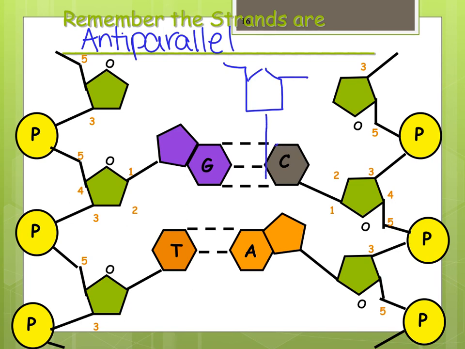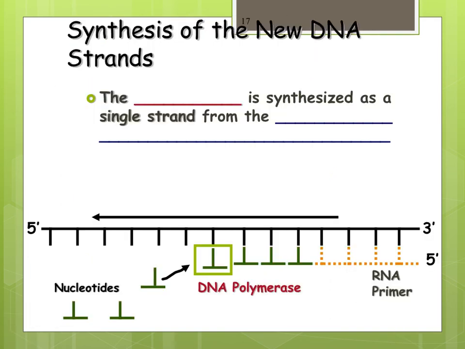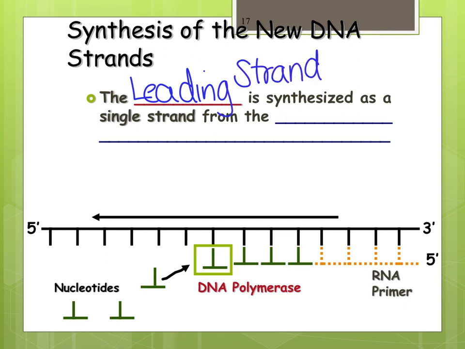And then I would lay another one down here, and then I would lay it down here, and that's the order in which it would go. So when we make our new DNA strand, the leading strand is synthesized or made as a single strand from the point of origin, because that's where we got started, remember? Towards the replication fork.